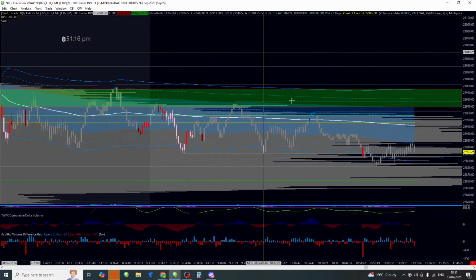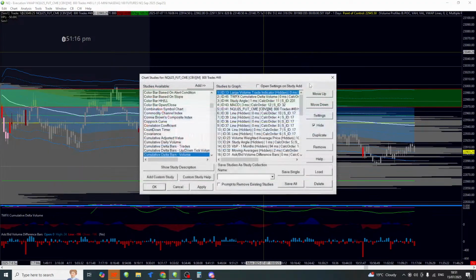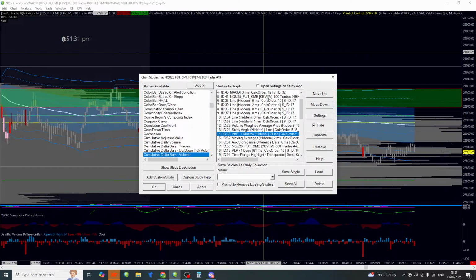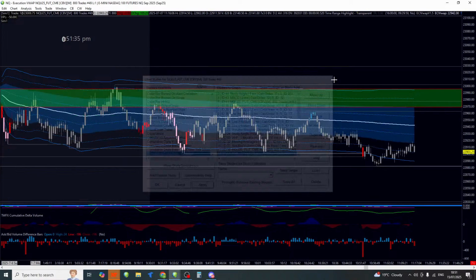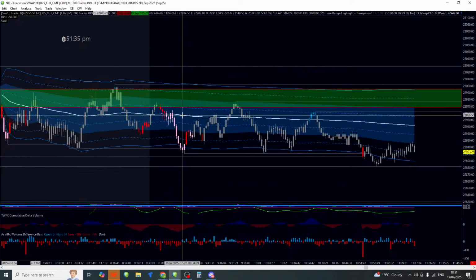Let me just take off this volume profile. Right, so you can see here, what is price doing right now? It's ranging, right? So the New York Open is somewhere here, right? So the market opened here, so we wait for price to come up here and we take a short from here, right? And you can hold it all the way.